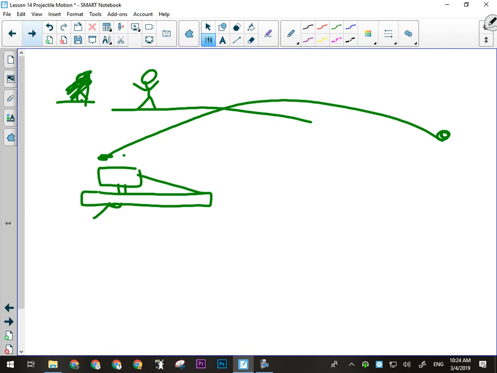So as we were saying before, if you're trying to hit a target with any type of projectile, whether you're throwing a rock or shooting a bow and arrow or a gun, you have to account for the fact that the bullet is going to be influenced by gravity and as a result is going to drop.